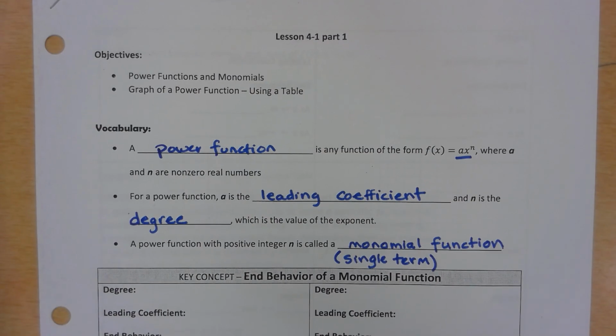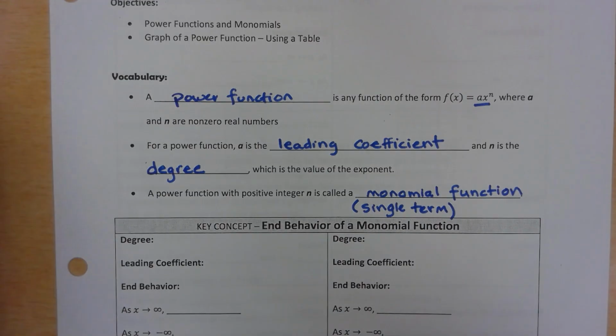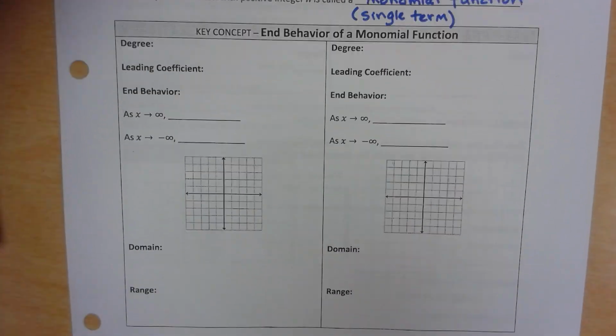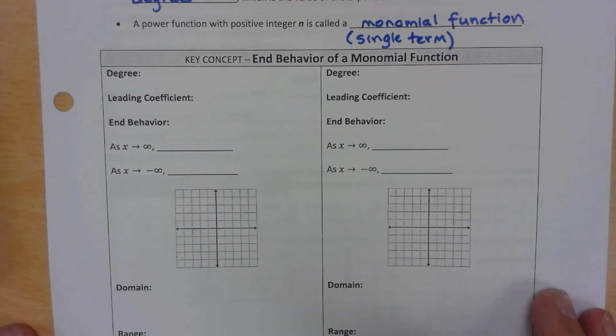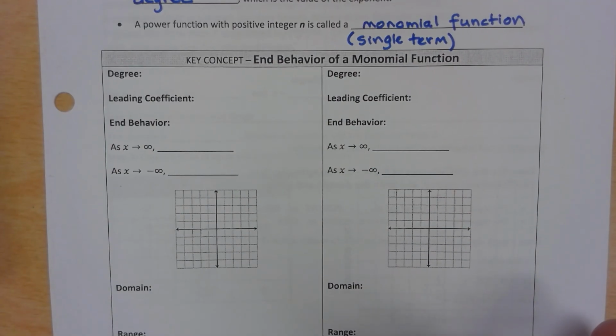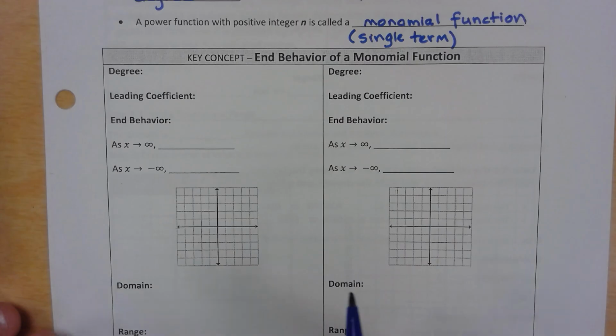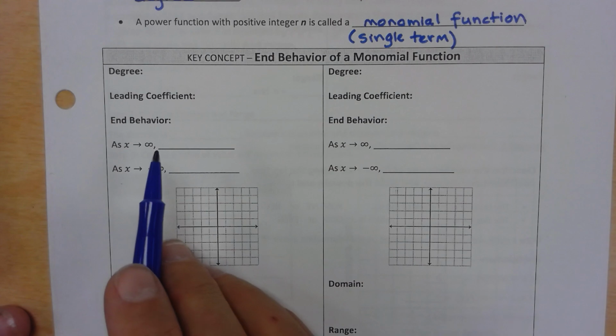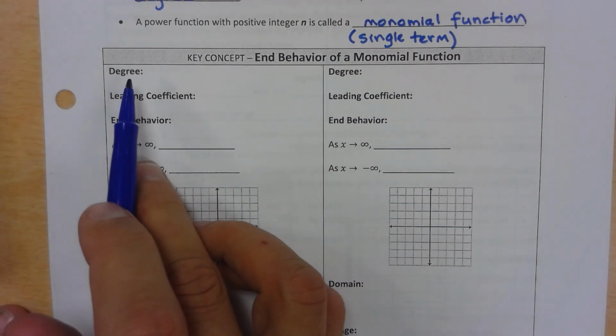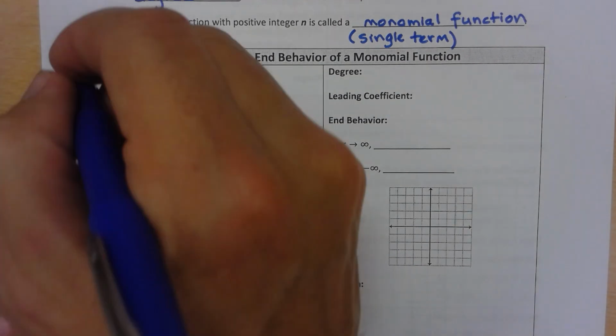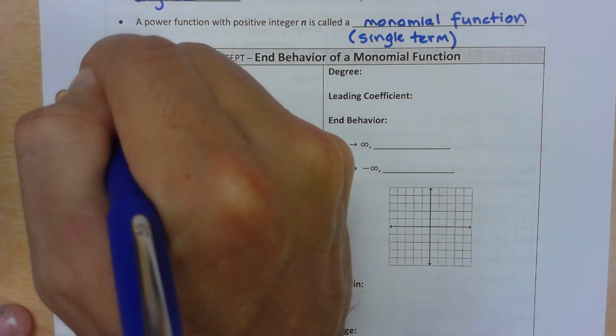Okay, so we're going to talk about end behavior for a monomial function. First and foremost, the way we look at end behavior for monomial functions is we talk about the degree, whether that's odd or even.